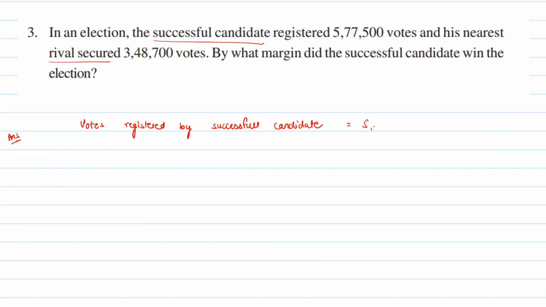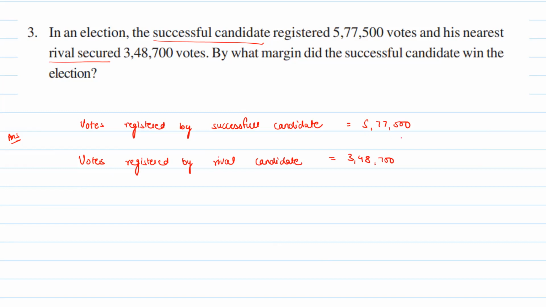So we will denote it by that only, right? Votes registered by rival candidate are 3,48,700 votes.